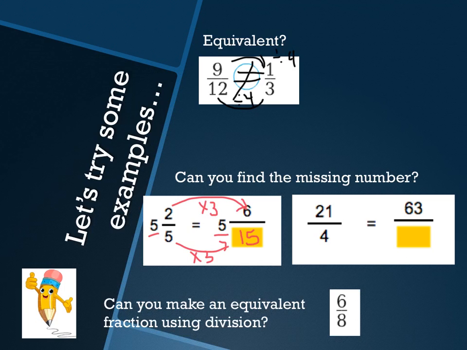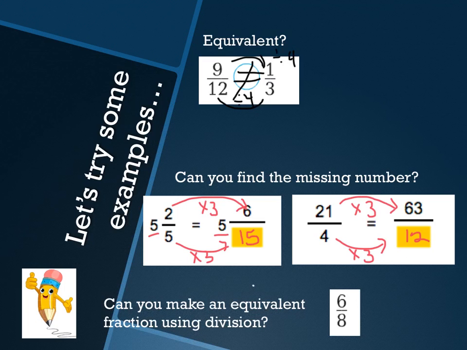What about this example with the fraction greater than 1? 21/4 is equal to 63 over something. 21 times 3 is 63. What's 4 times 3? Did you find 12? Great job. What about that last part?